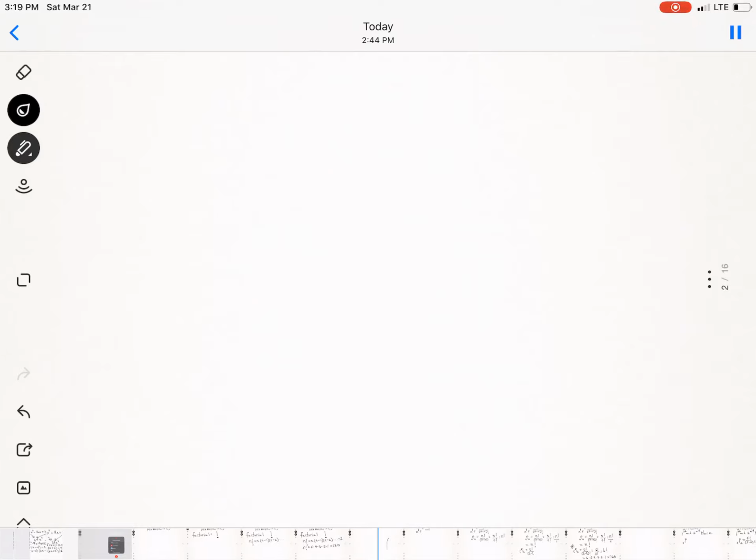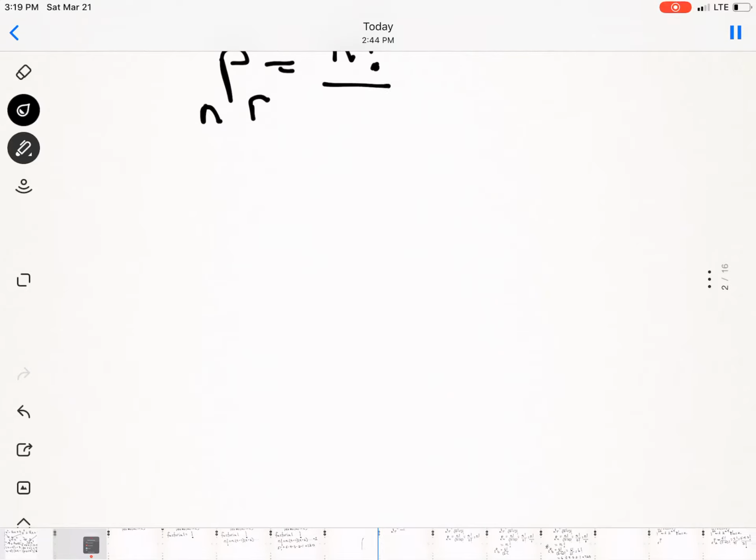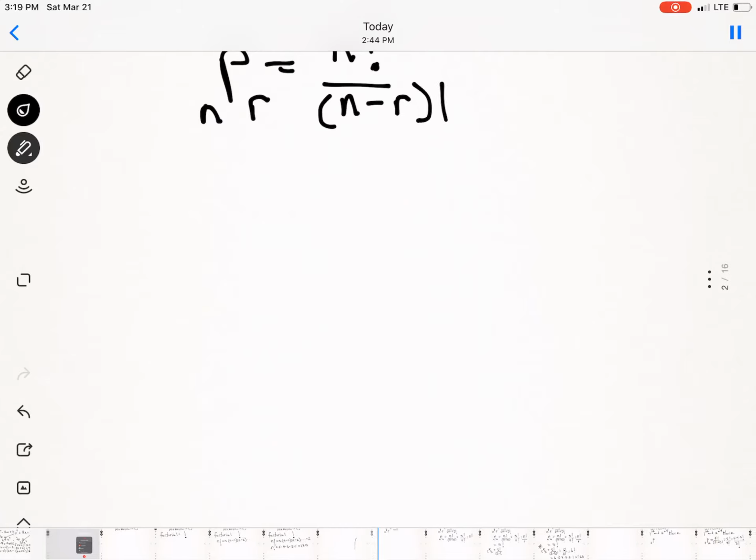All right. So let me explain something. There is a definition: P(n, r), and it is represented by n factorial over n minus r factorial. Okay.